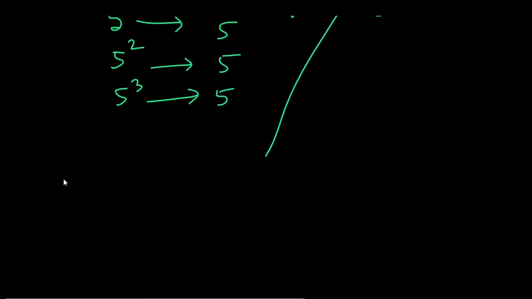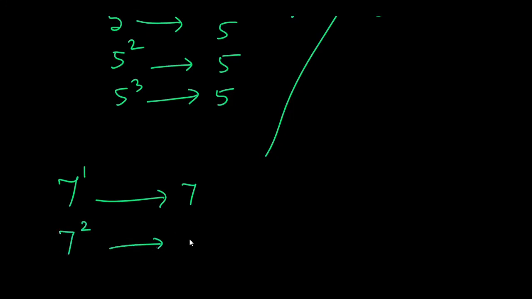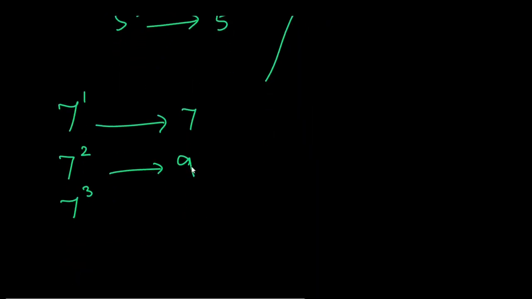Then let us see 7. 7 power 1, we get 7. 7 power 2, 7 into 7, 49. The last digit is 9. 7 power 3, here we have 9, we multiply it by 7. 9 into 7 is 63.